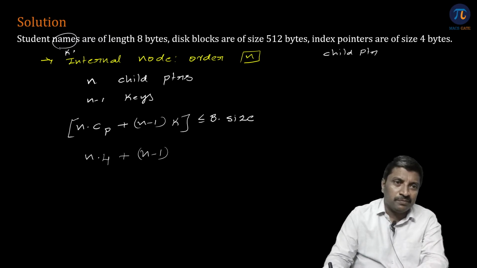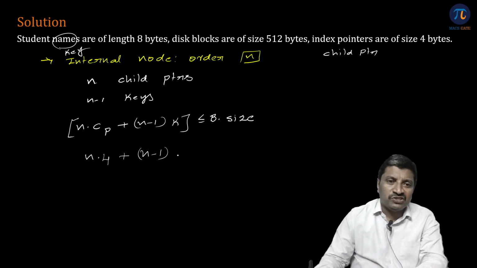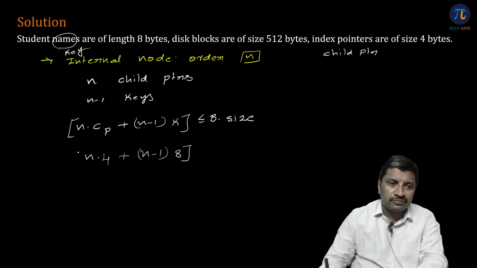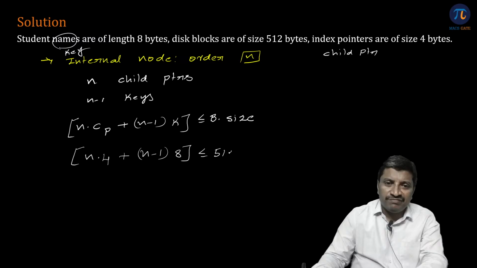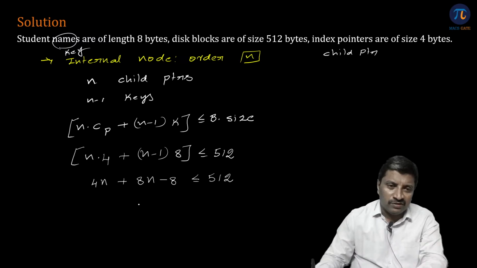So this is my key. How much size? It is 8. And what is the block size? They given 512. So this is 4n plus 8n minus 8 less than or equal to 512.